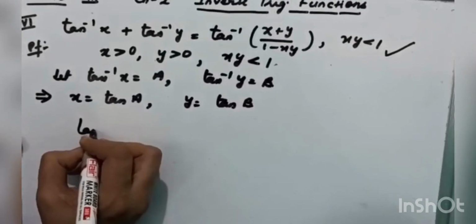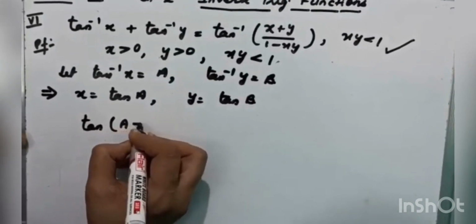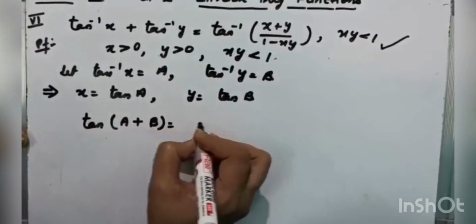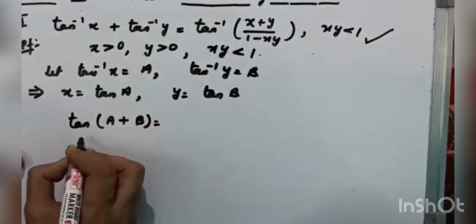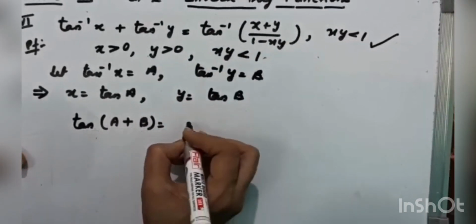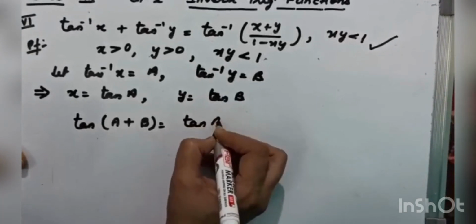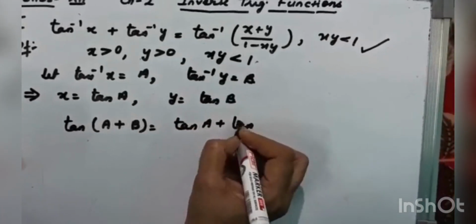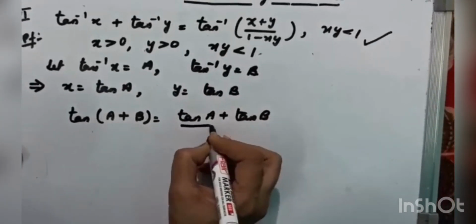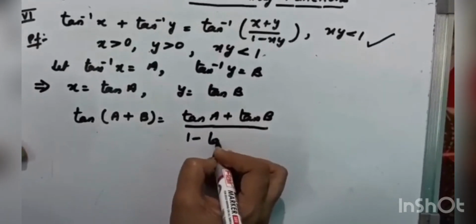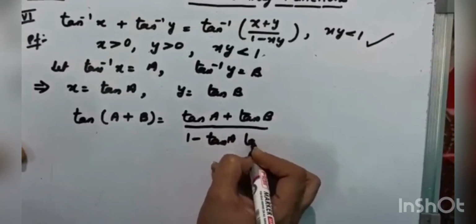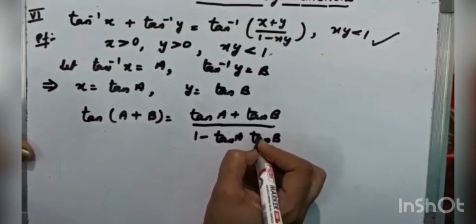Now suppose we want to write the formula for tan of a plus b. In class 11th you all have done this result. Tan of a plus b is tan a plus tan b over 1 minus tan a into tan b.